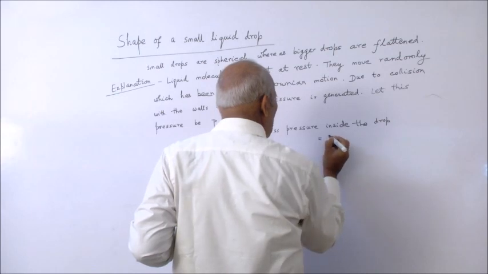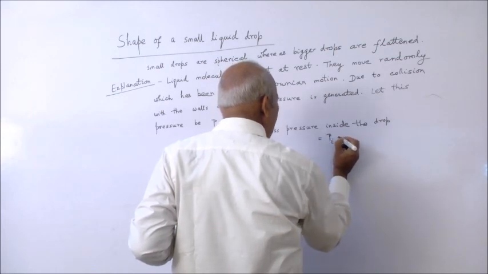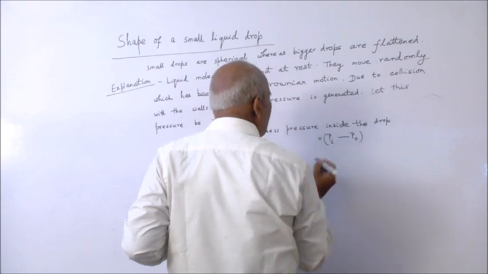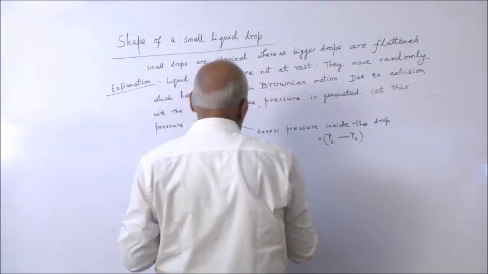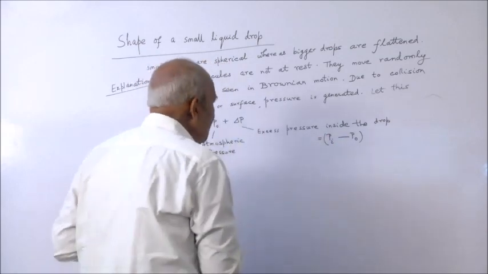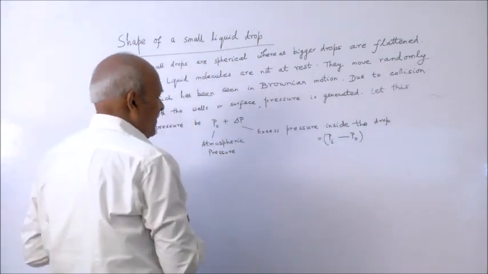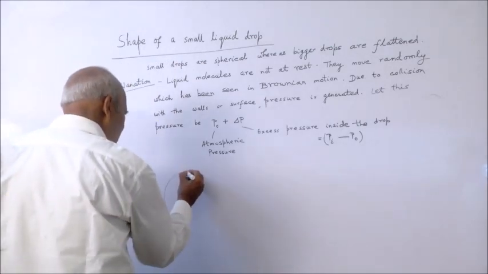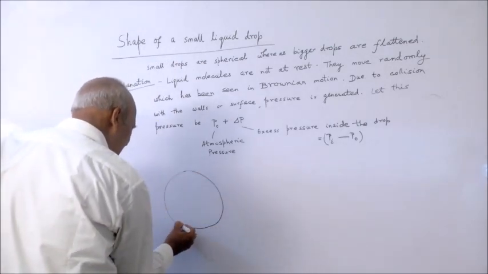And in the NCERT book they write it as Pi minus P0. Pi means total internal pressure, and Pi minus P0 is the excess pressure.